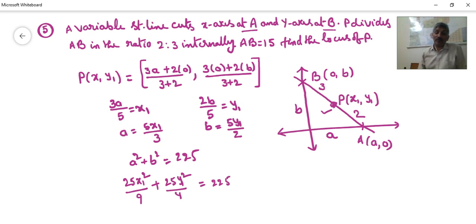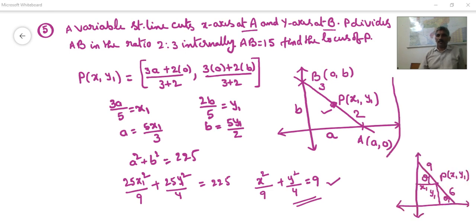Now in the entire equation 25 cancels. The required locus equation is x square divided by 9 plus y square divided by 4 is equal to 9, because 25 9s are 225. This is the locus of the point P (x1, y1).